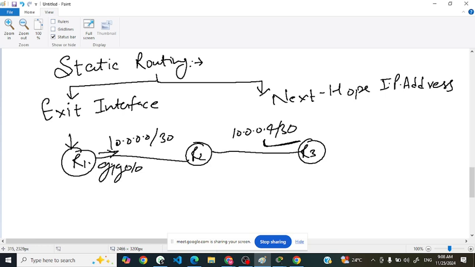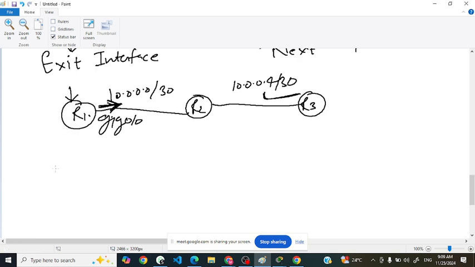You can send the packet from gig 0/0 only. Are you getting my point, guys? Yes, sir. Got it, sir.